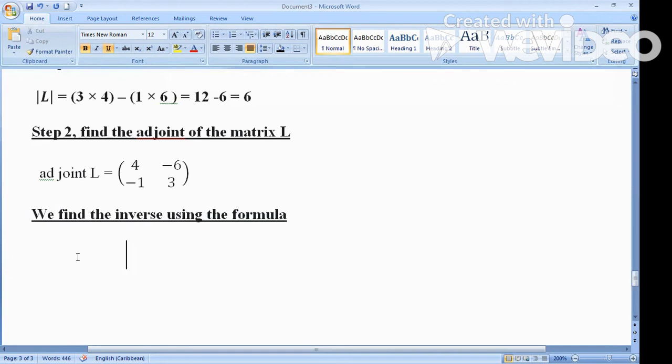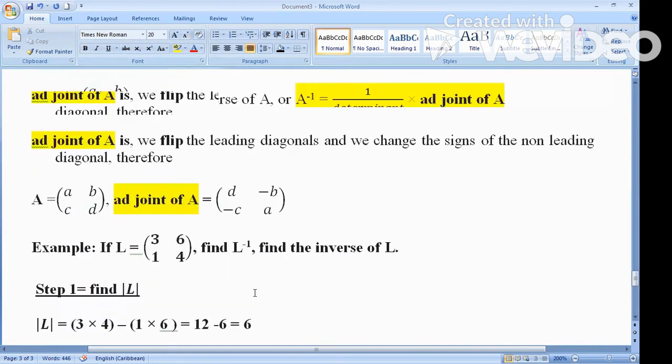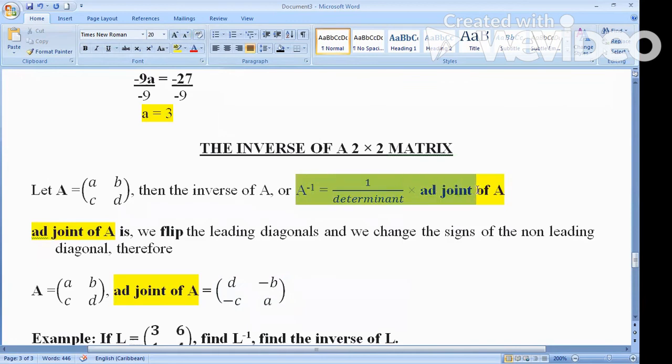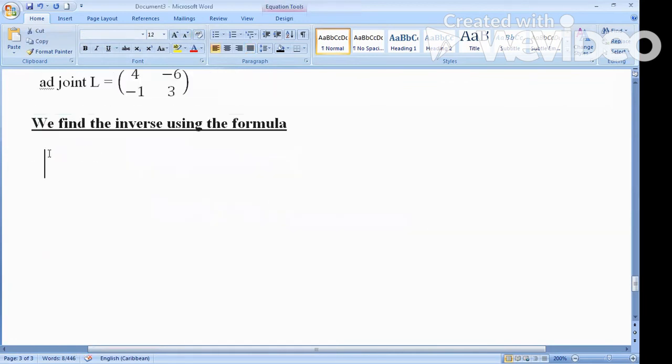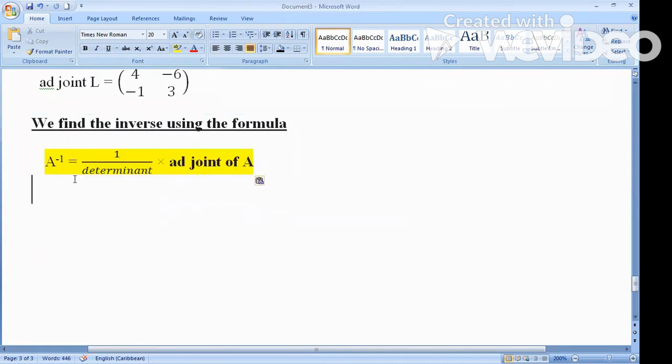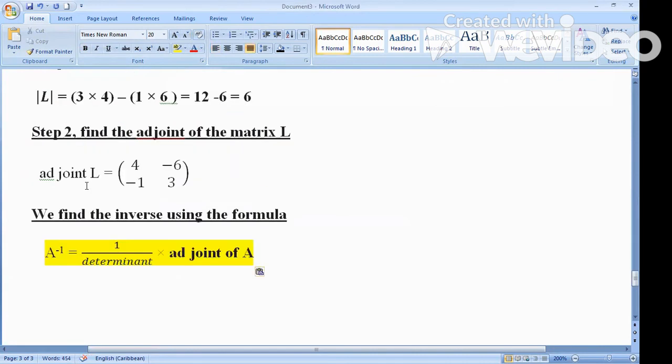So we're going to use the formula. I'm just going to restate the formula here.